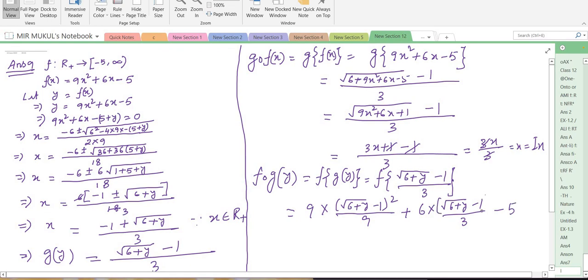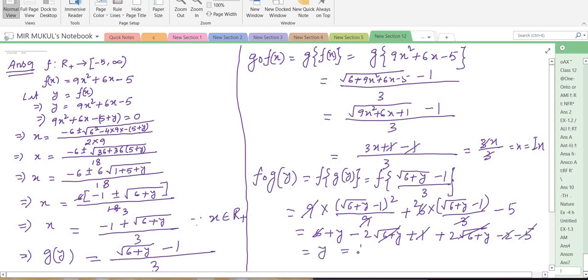Calculate this. Are you getting y or not? Just check. 9 and 9 cancel. 3 2s are 6. If you find its square, it is a square minus 2ab plus b square, so 6 plus y minus 2 root over 6 plus y plus 1, plus 2 root over 6 plus y minus 2, minus 5. So clearly these two will be cancelled. 6 plus 1 is 7, and 6 plus 1 is 7, and here also 7 can be cancelled. So y, that is I y.